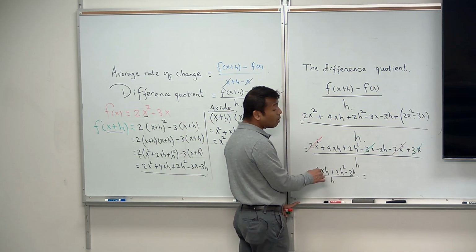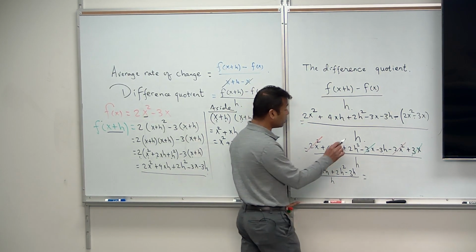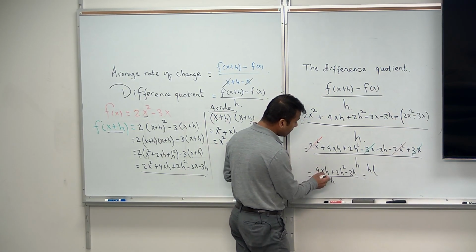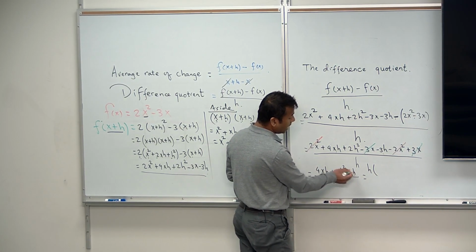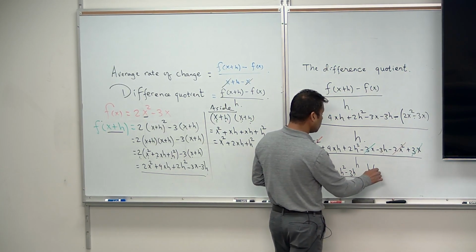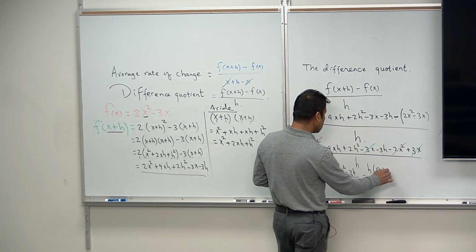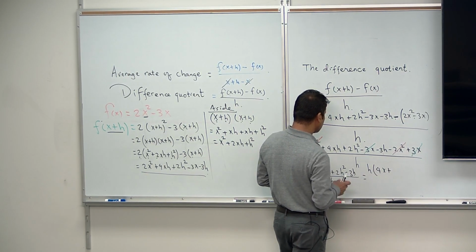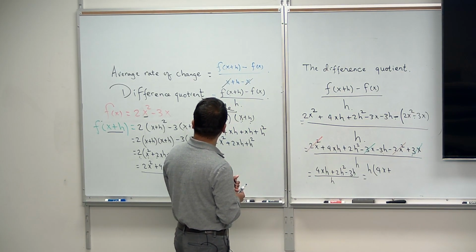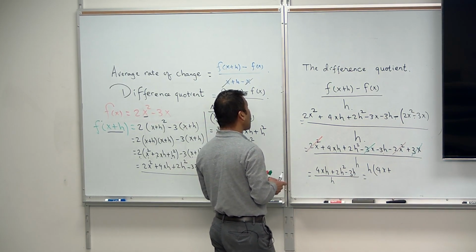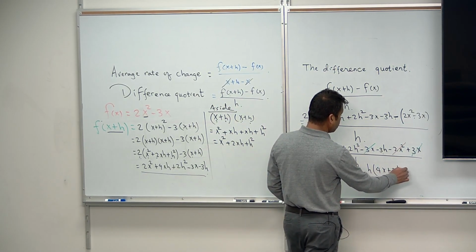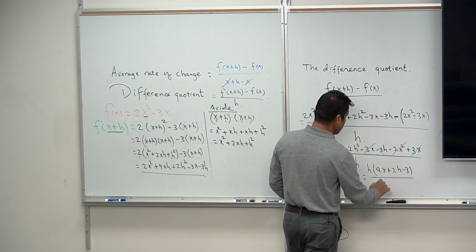Either you can factor out h from the numerator. There are two ways. You can factor out h from the numerator. You see, you have an h here, and h here. You can factor out, right? So what will be here? This is h times (4x plus 2h minus 3) over h.